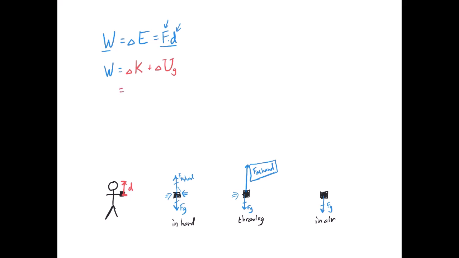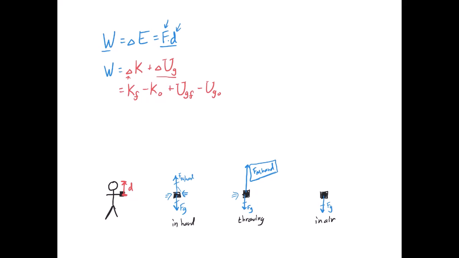So during that time, we do want to make sure that we talk about both of those pieces. Remember that delta is the change, so that's the final kinetic energy minus the initial kinetic energy. And then we'll go plus the same thing for the gravitational potential energy, so that's U_G final minus U_G initial. The change is always the final minus the initial.